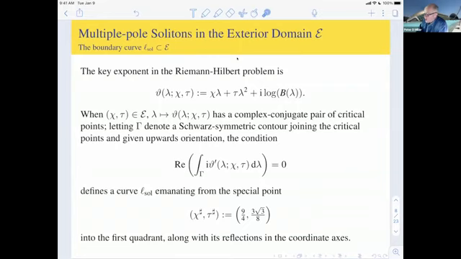So when chi and tau are in the exterior domain, this phase function of lambda has a complex conjugate pair of critical points in the complex plane.